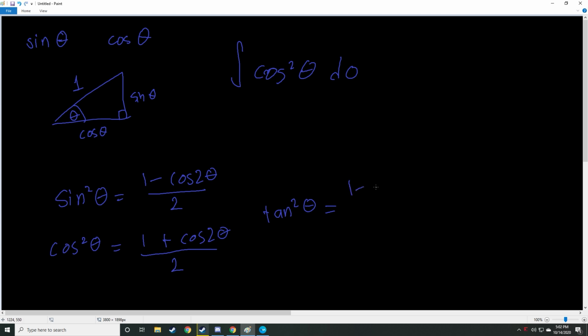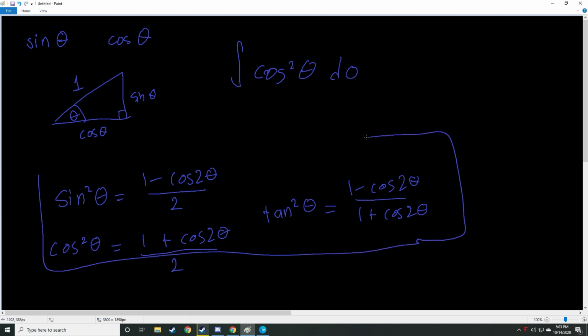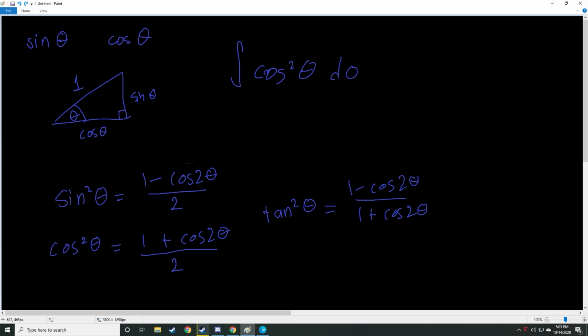So it's 1 minus cosine 2 theta over 1 plus cosine 2 theta. These are power reducing formulas, because you notice that they take a sine squared and they spit out something without a trigonometric function squared. So let's see how useful these can be by solving this integral up here using these identities.